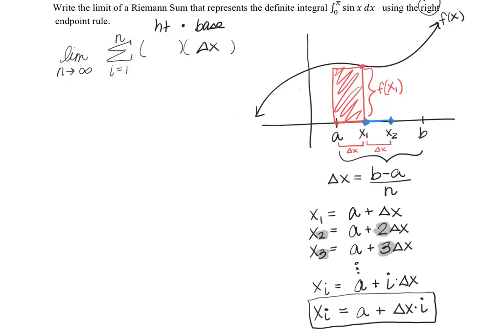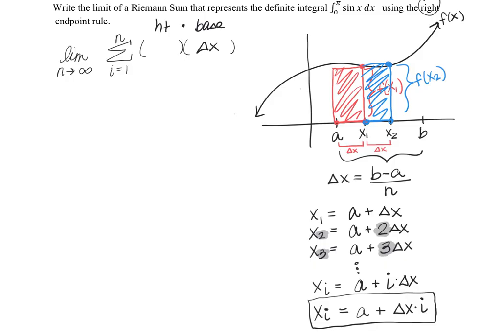The height of that first rectangle would be f of x sub 1. And if I were to draw in my second rectangle, let's say in blue here, its height would be found by putting x sub 2 into the function. So the output, the y value, would be f of x sub 2.